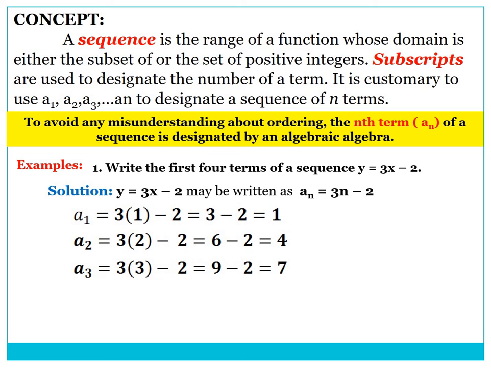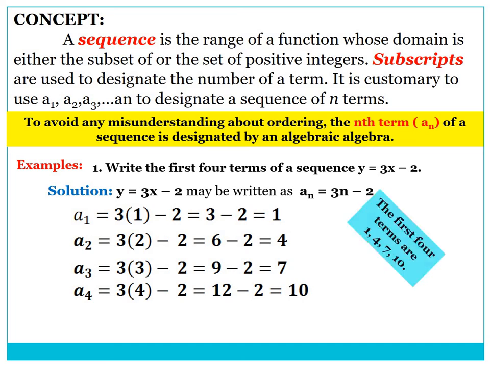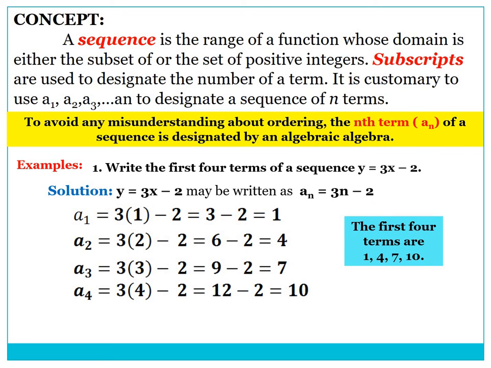For a sub 3, where n is 3, we have 3 times 3, 9, minus 2 is 7. And for a sub 4, where n is 4, it is 3 times 4, 12, minus 2 is 10. The first four terms are 1, 4, 7, and 10.